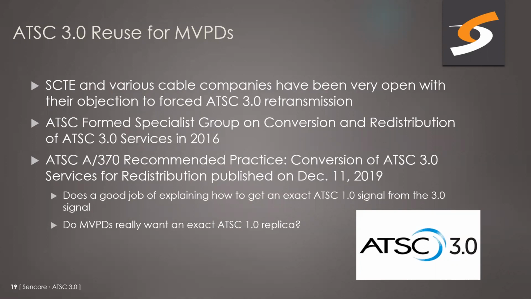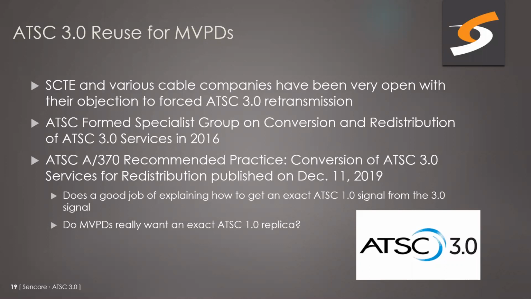This group has been meeting for a number of years, coming up with standards and recommendations for how to convert that 3.0 signal and make use of it for MVPDs. This group also talks about reuse for low power translators and even apartments and other distribution systems that may have distributed those ATSC 1.0 signals.